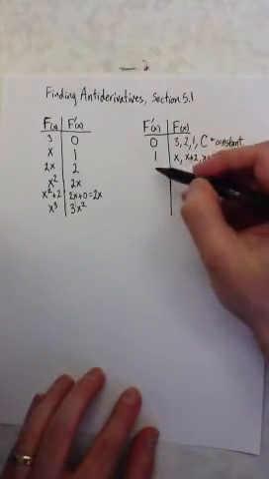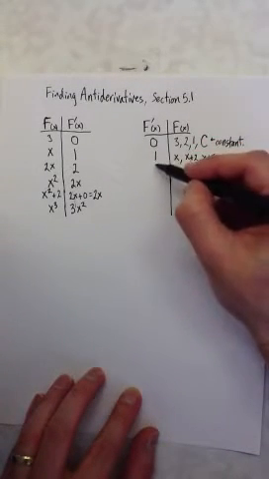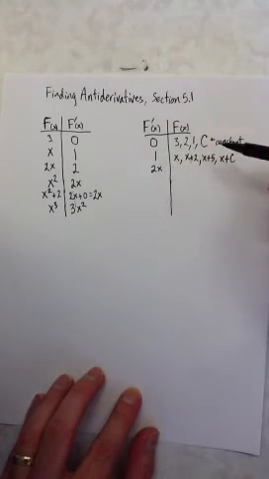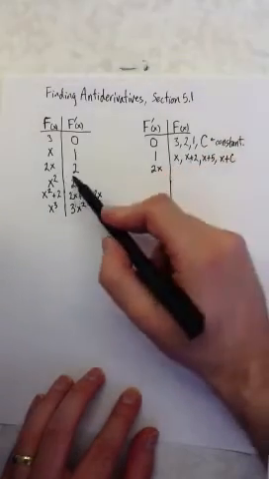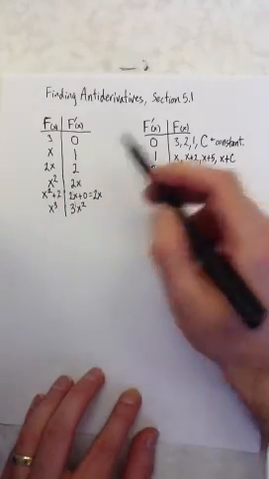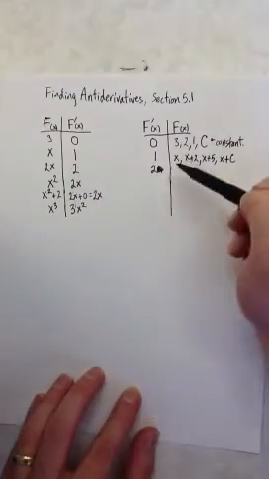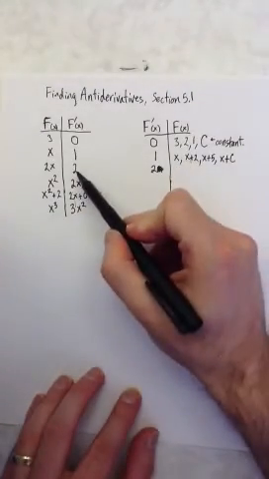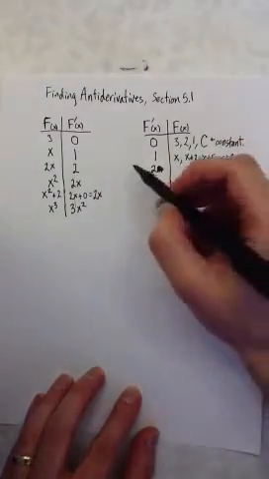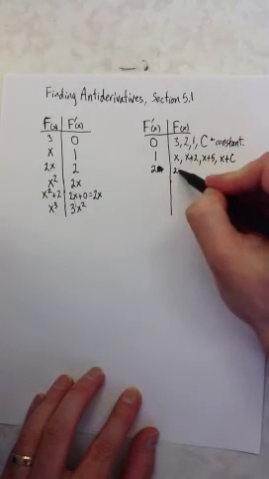And if I said that the derivative of the function is 2, what's the original function? Well, I'm looking at my table wrong. If the derivative of the function is 2, then the original function could be 2x.